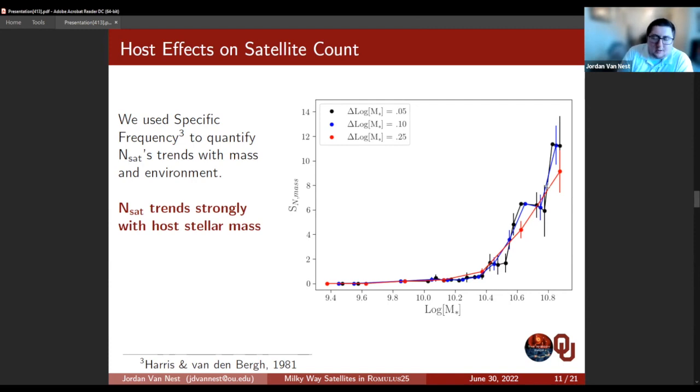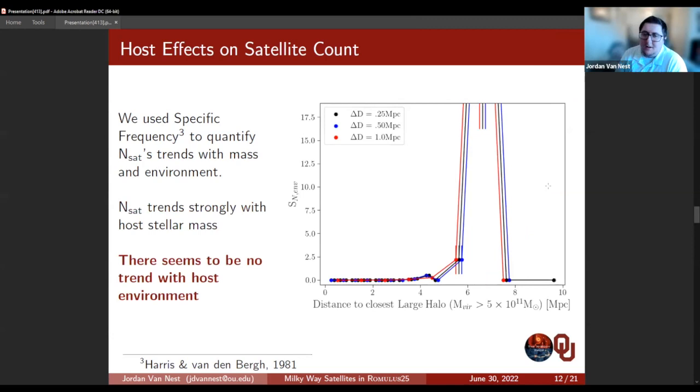If we look at environment, however, there is no clear trend. You could even argue that there is clearly a lack of trend. The specific frequency values are almost universally 0, with the exception of these really strong and odd outliers around 7 megaparsecs. So what this is showing us is that host mass seems to be a very strong driving factor in satellite accumulation, while environment seems to be playing little to no effect.